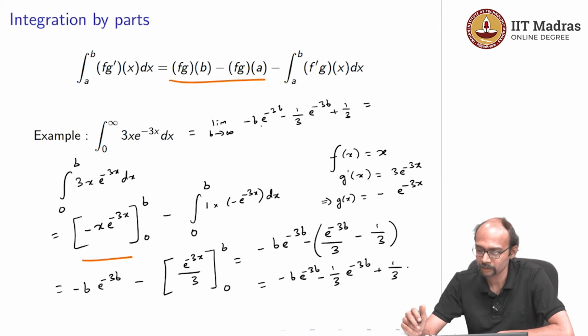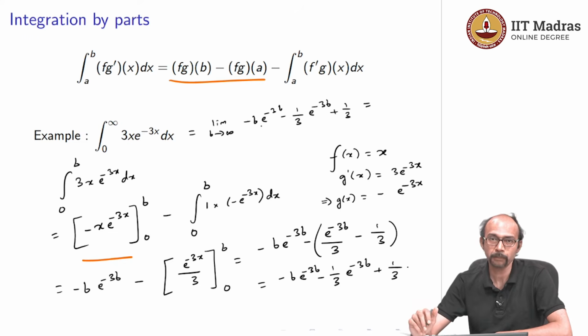For the first term, well, we have it multiplied by b, but now if you remember our video on how fast do functions grow and so on, the exponential beats the polynomial. So, e to the power minus 3b is going to go to 0 much faster than b is going to increase.